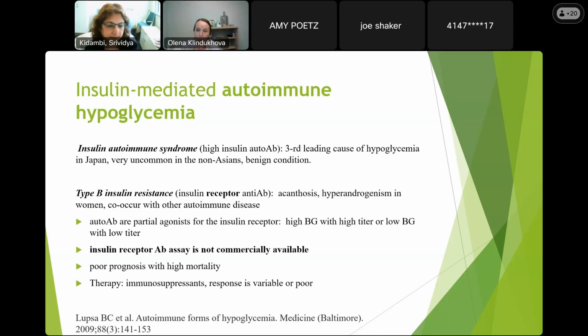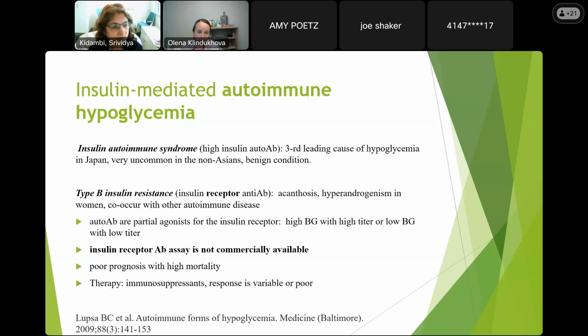It is very prevalent in the Asian population, and it's extremely uncommon in non-Asian populations. Generally, it's benign. Rarely does it lead to any major medical issues, rarely anything other than a differential diagnosis, and rarely causes severe hypoglycemia.